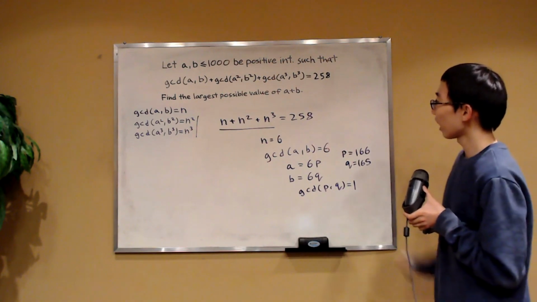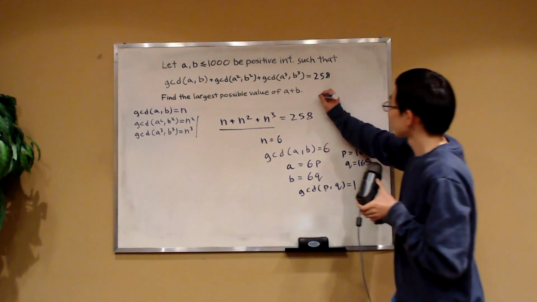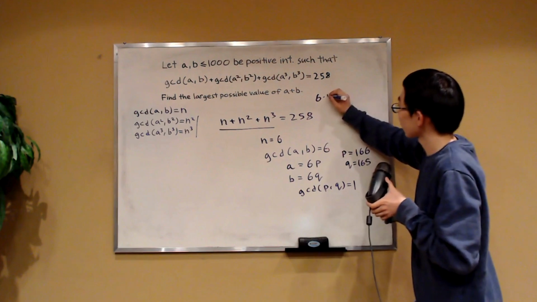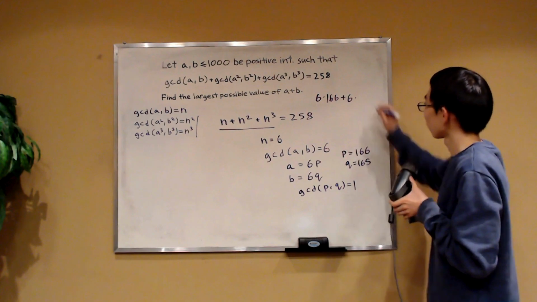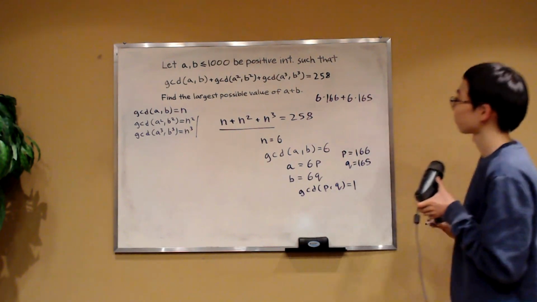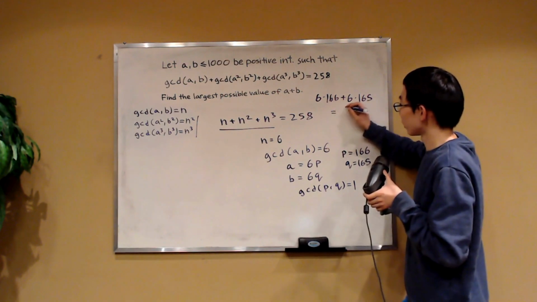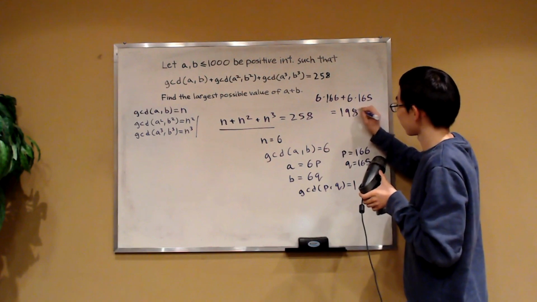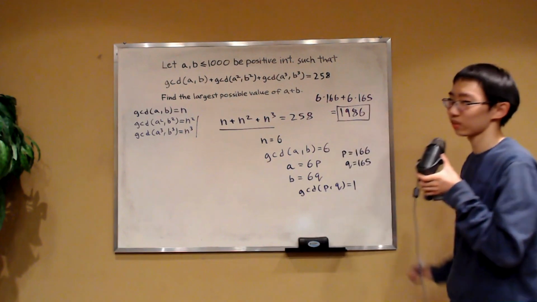So therefore, our answer, the largest possible value of a plus b, is 6 times 166, plus 6 times 165. Now, if you were to actually evaluate this sum, this would be 1986. And this would be our final answer.